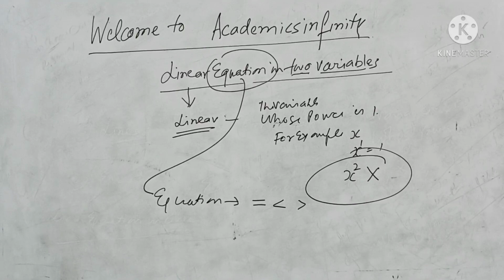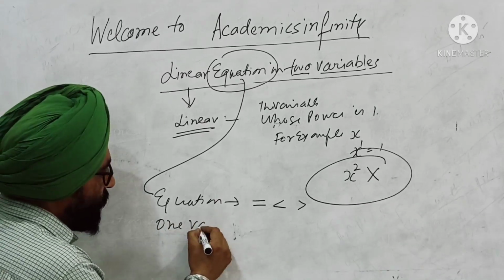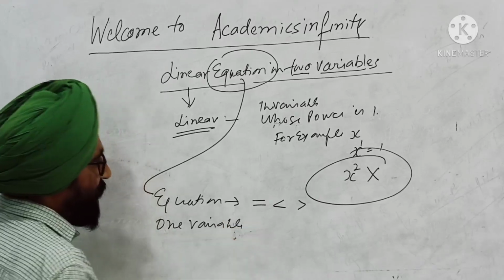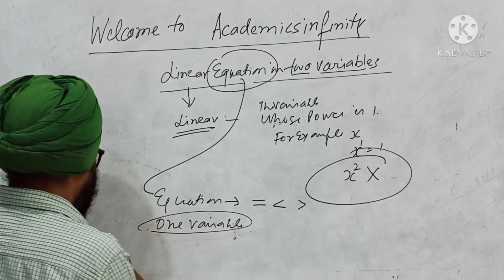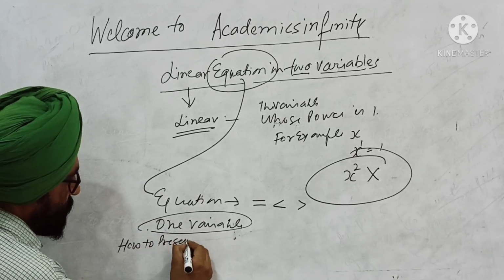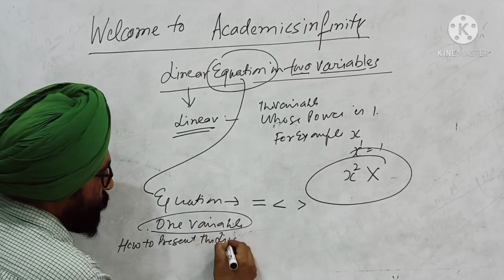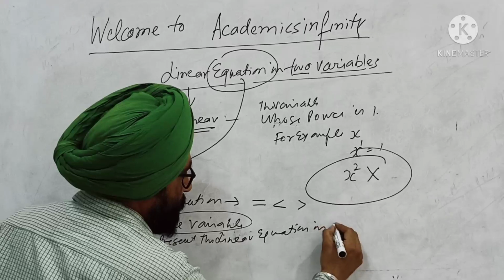Before discussing the two variables, we will discuss about the one variable. That is a linear equation in one variable. How to present the linear equation in one variable?